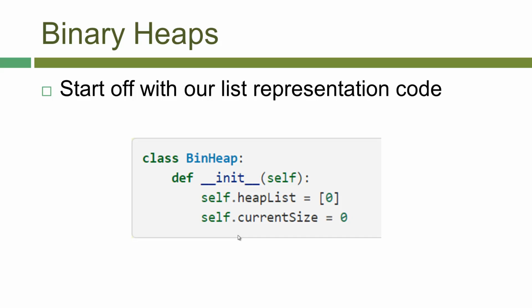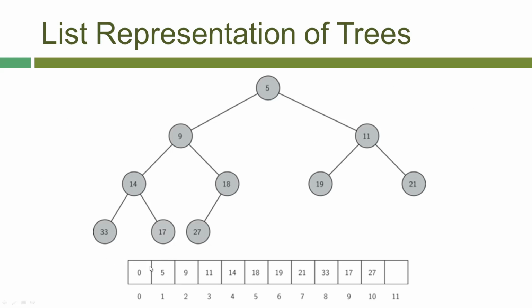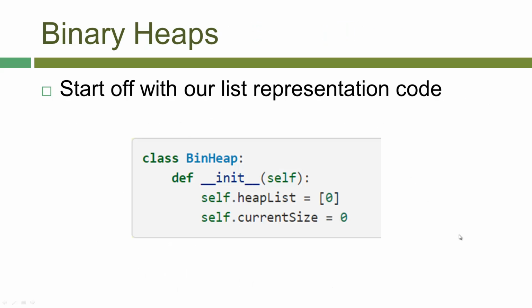So you will notice that an empty binary heap has a single 0 as the first element of the heapList. And this 0 is not used, but is there so that simple integer division can be used in later methods. So if we go back real quick, you notice that 0 here is really just for simplifying all the other methods we're going to be using later on for integer division purposes.